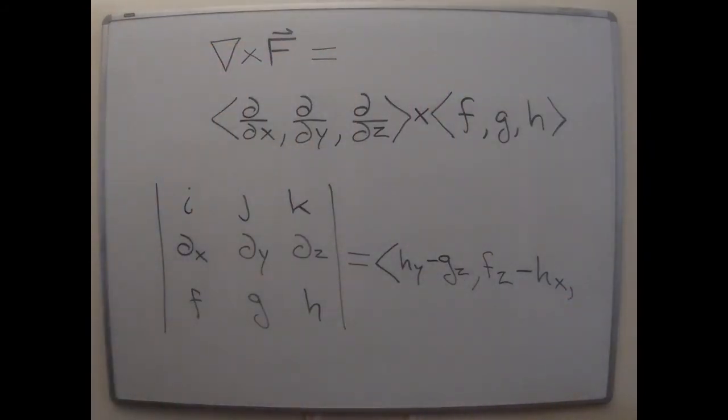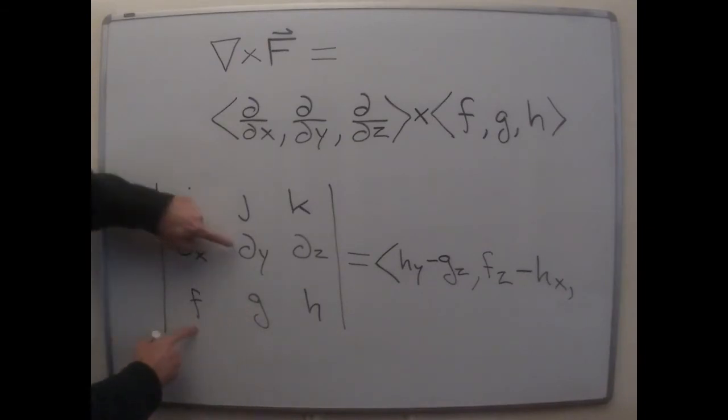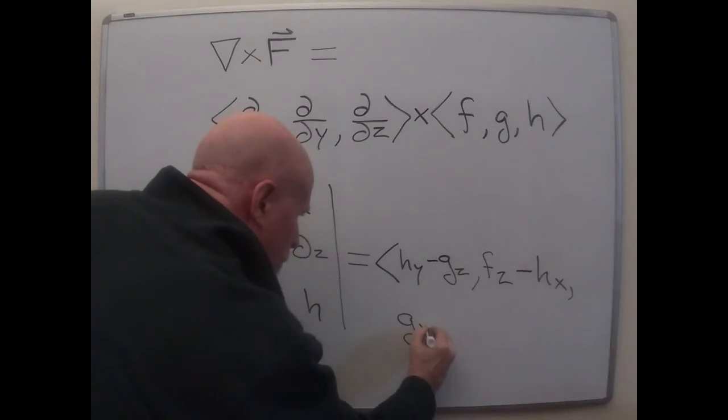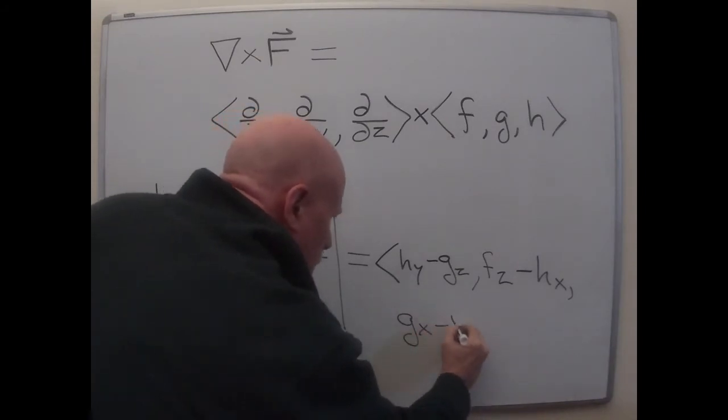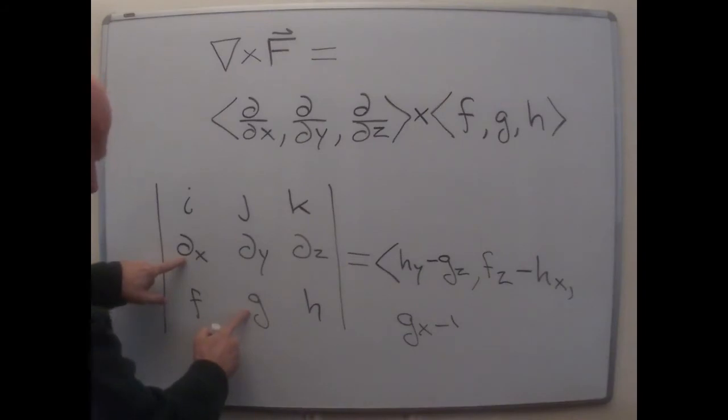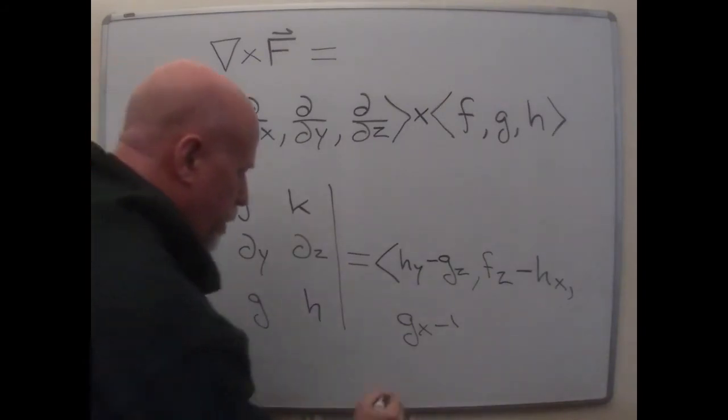And the z component is going to be g sub x minus f sub y. I don't have room there, so g sub x minus, wait a minute, what was it again? Yeah, the x derivative of g minus the y derivative of f.